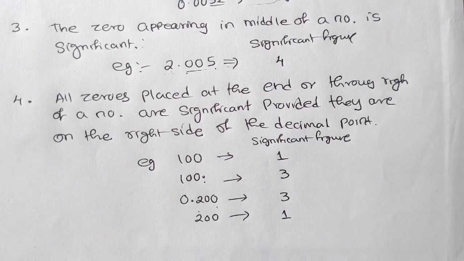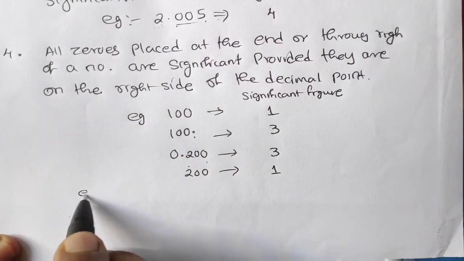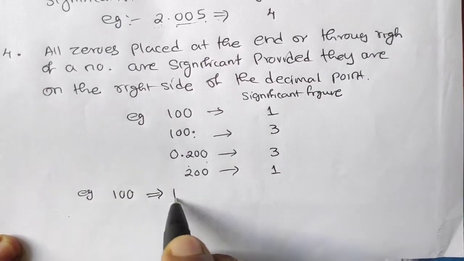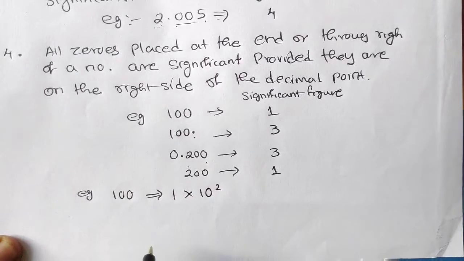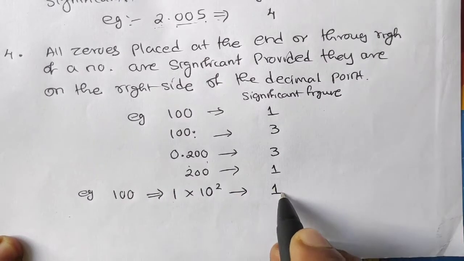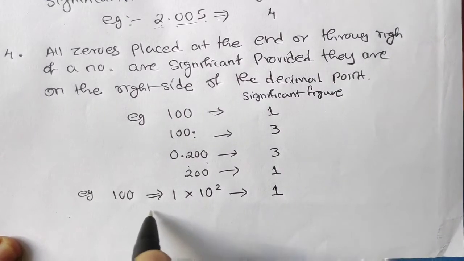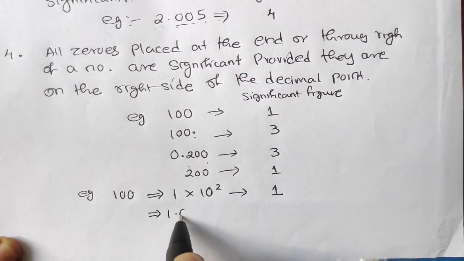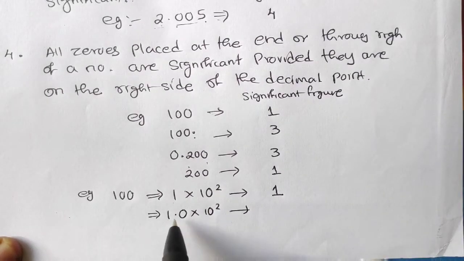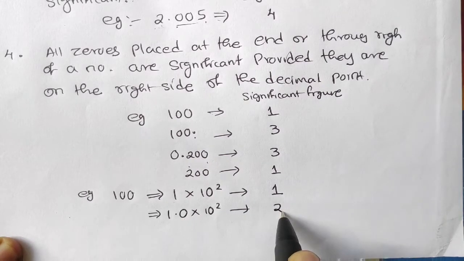Now the next part. Suppose 100 can be represented as 1 into 10 raised to 2. Then the significant figure in this will be 1 only. But if I write the same 100 as 1.0 into 10 raised to 2, then the significant figures will be the digit before the decimal and the one after, so it will be 2.